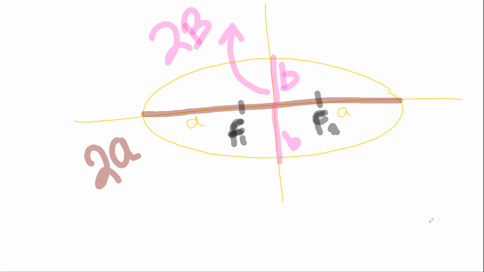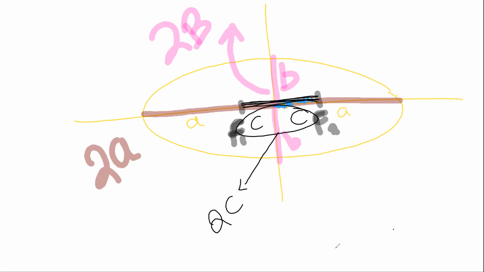Okay, so because of that now, the distance from the center to the focus, we name it with C. And here also is C. So if I'm asking you now, what is the distance between the two foci? You have to tell me it is 2C.